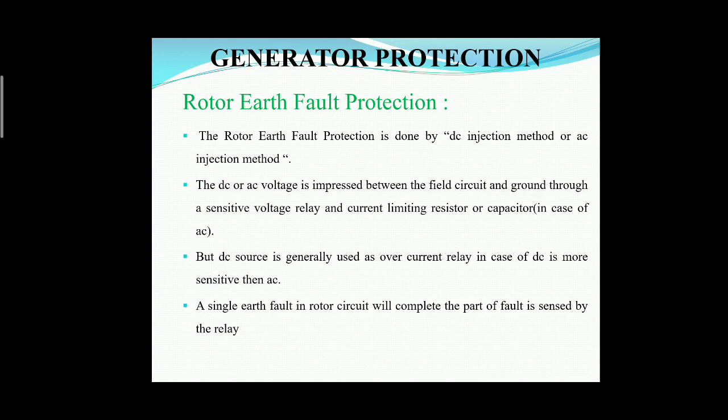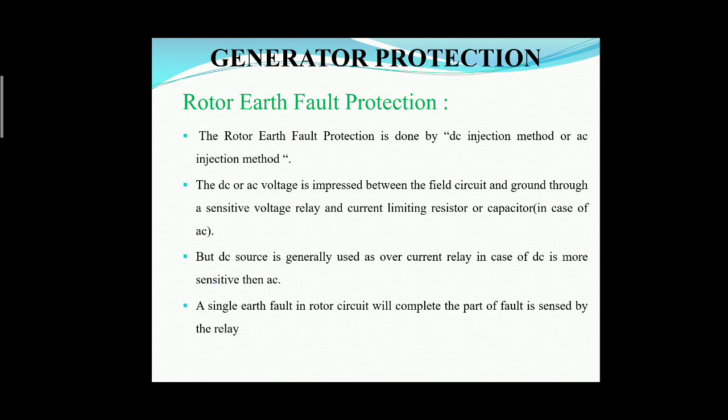Another method of rotor earth fault protection is the DC injection method or the AC injection method.